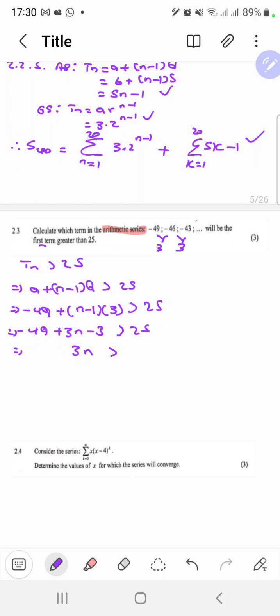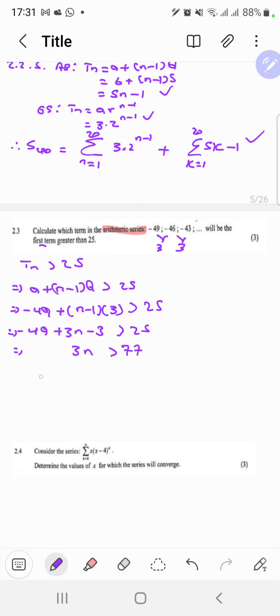So I'm getting 71. So 49, it becomes, I'm making a mistake here. This is a minus 3, so it's not like that. So this is minus 49 minus 3, it's minus 52. So we add 25 to that, it becomes 77.